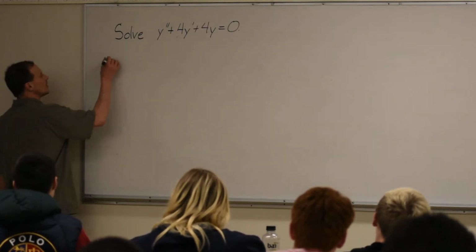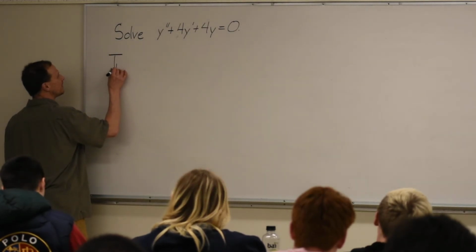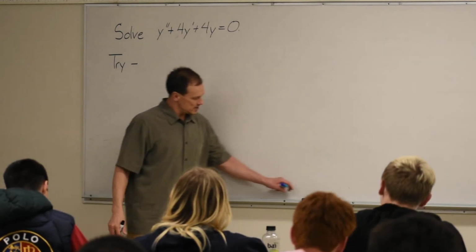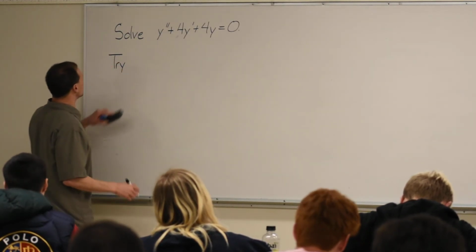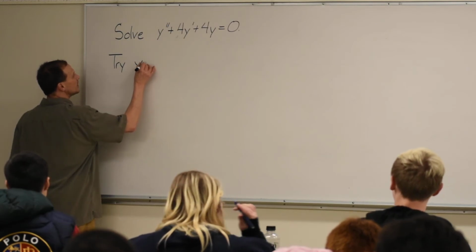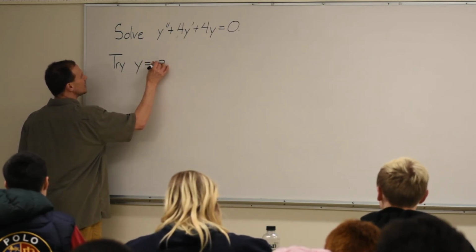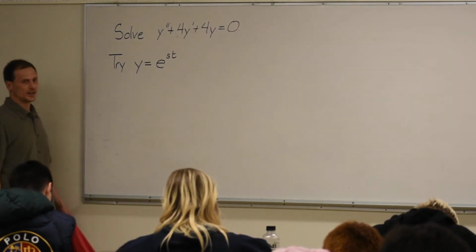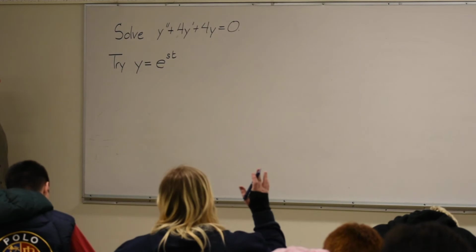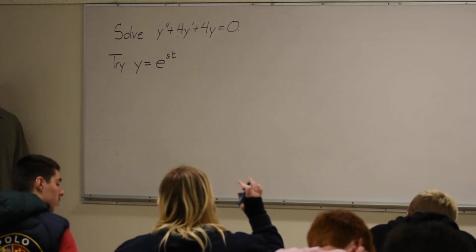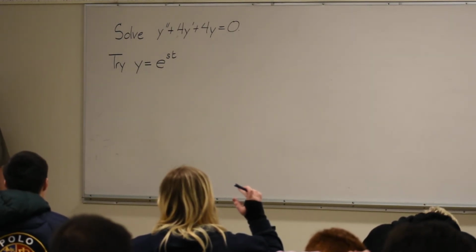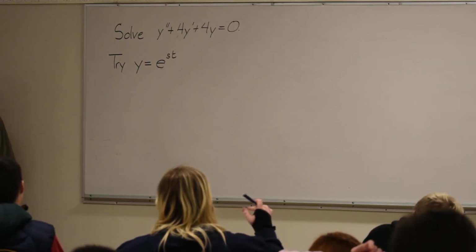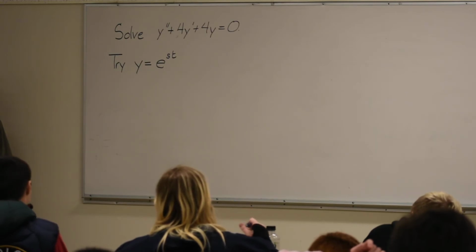Let's try again. So what are we going to try? Try y equals e to the st. Like the st, you know that's going to work; there are other ways that we try it, they all work, or we see some don't work.